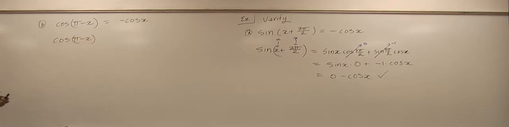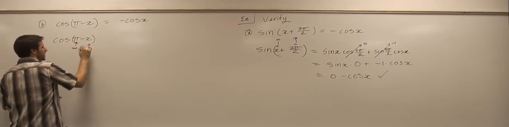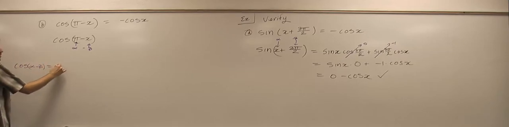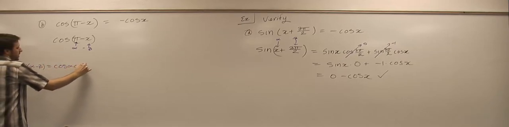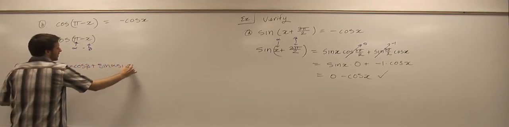But now you have to apply a cosine difference formula. This is alpha. This is beta. You have alpha minus beta. So the cosine difference formula says that cos alpha minus beta is equal to cos alpha cos beta. Now the sign changes, plus sine alpha sine beta.